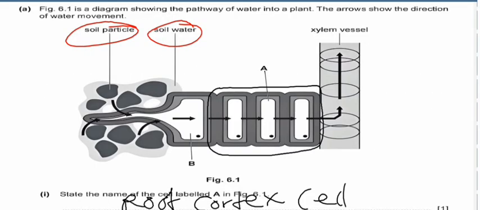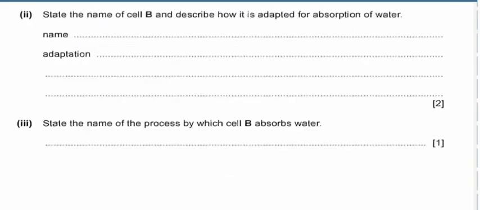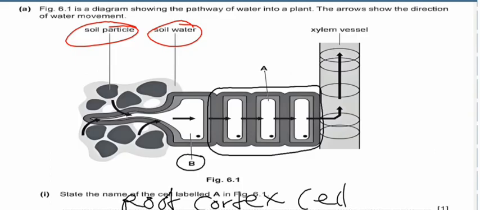So the name of cell B is just called the root hair cell. Then the adaptation, the part that you can see here, is called the elongated outgrowth.